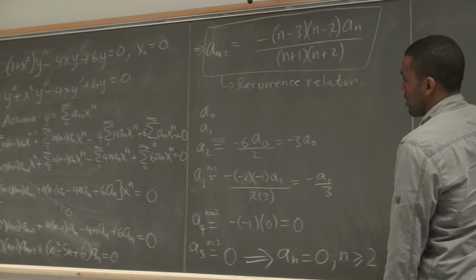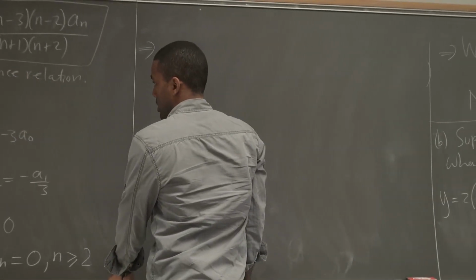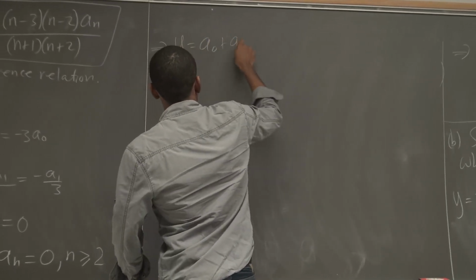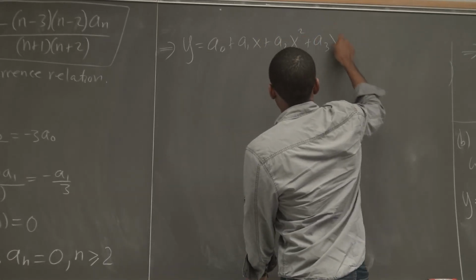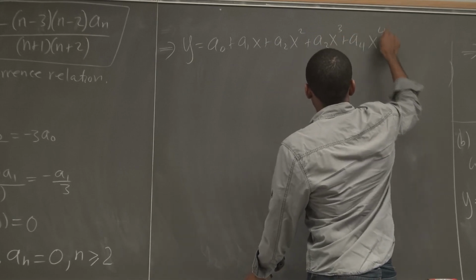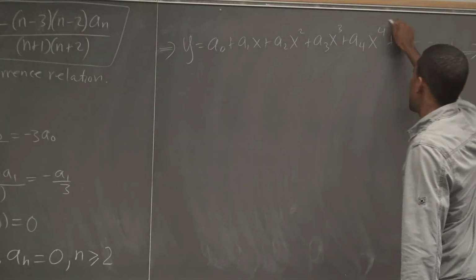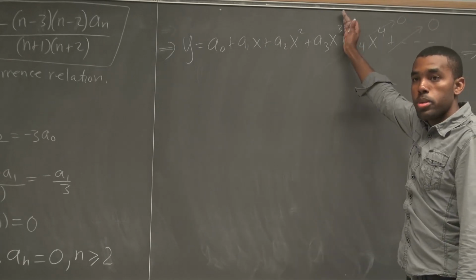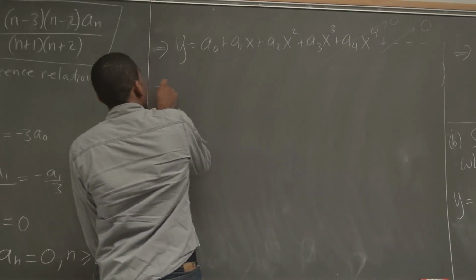Okay, so now what? We can literally write down the whole solution to this thing. What is the entire solution? We know that y was a0 plus a1x plus a2x squared plus a3x cubed plus a4x to the 4th, etc. But from a4 onwards, they're all zeros. So we literally just have a cubic being the solution to this differential equation.